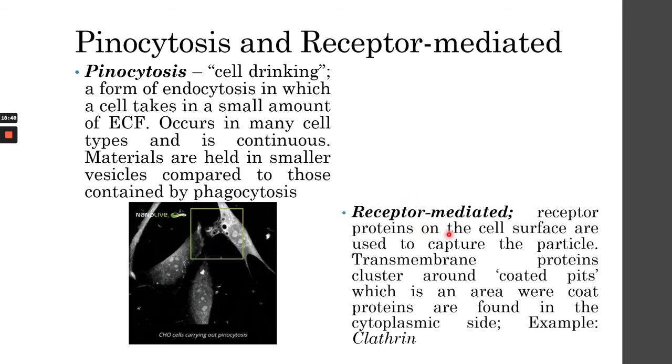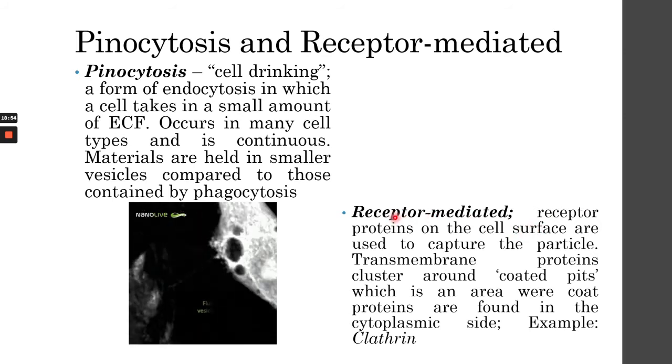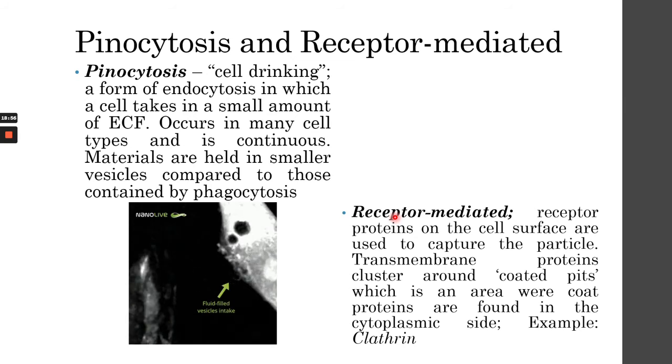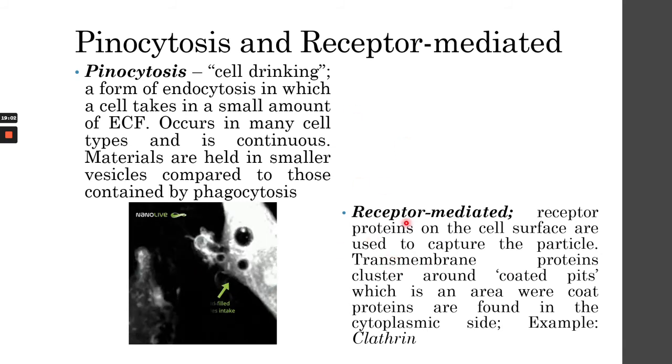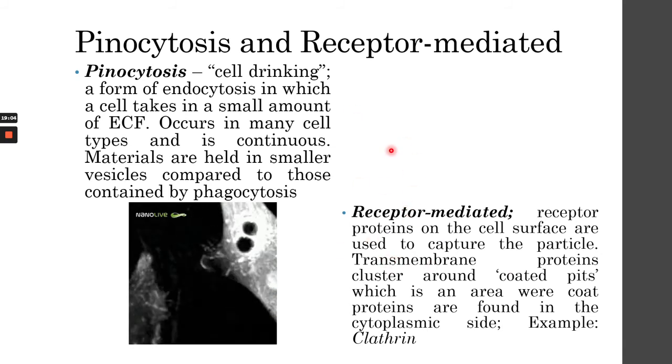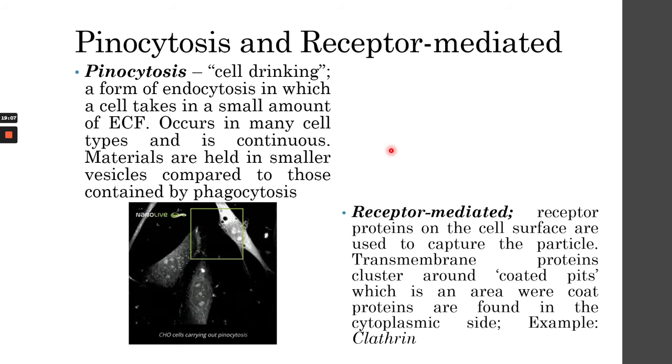So receptor proteins on the cell surface. So we have a lot of proteins, remember, on the surface of the cell, on the plasma membrane. And some of these proteins are transmembrane proteins. So meaning, if you guys remember what transmembrane proteins are, it's a protein that crosses the plasma membrane.